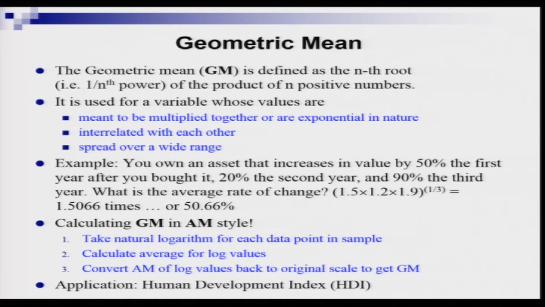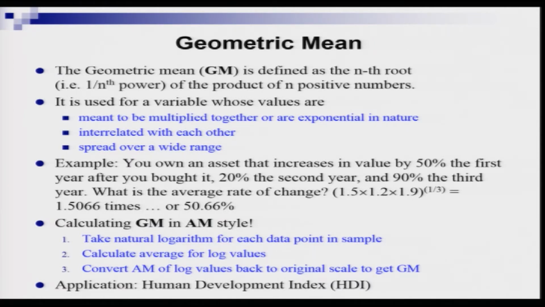A geometric mean GM is defined as the nth root, that is, 1 over nth power, of the product of n positive numbers. Be very careful here and please pay attention to this important point: you can't compute the geometric mean of any set of numbers, you have to deal with positive numbers only. It is a limitation of the concept, but let us proceed with this limitation.